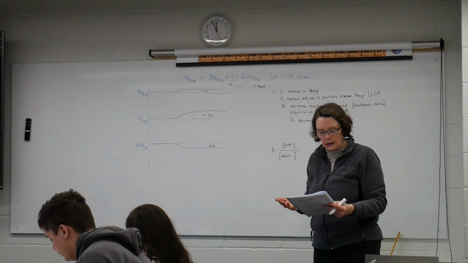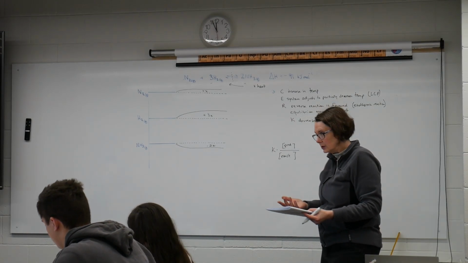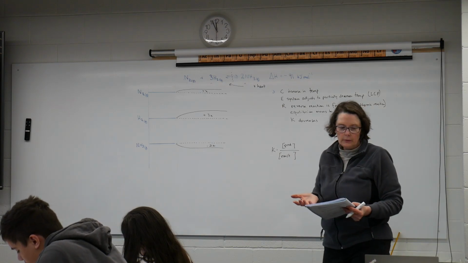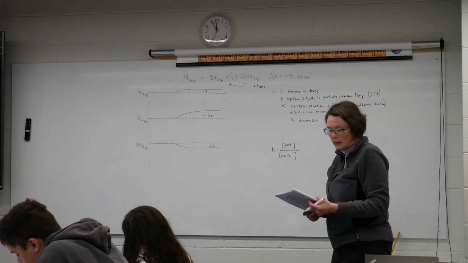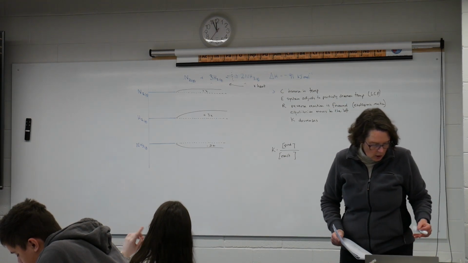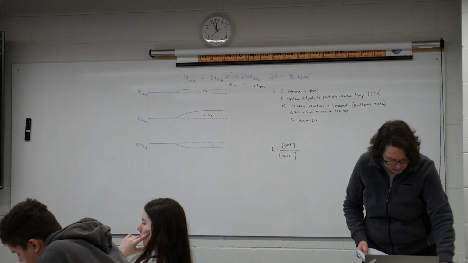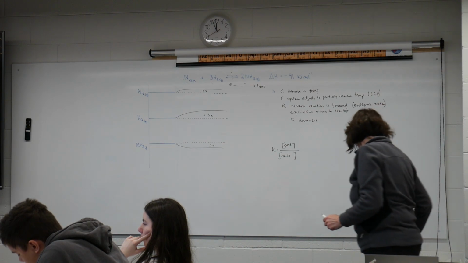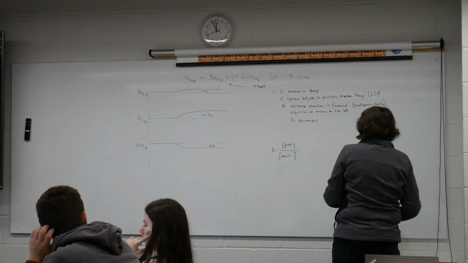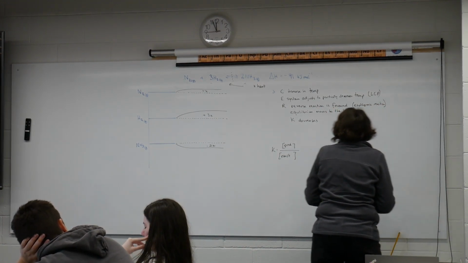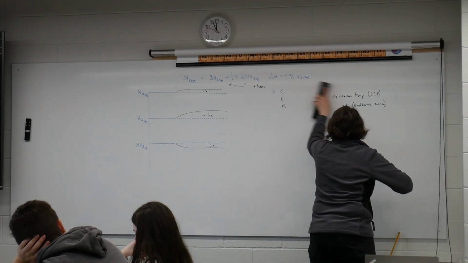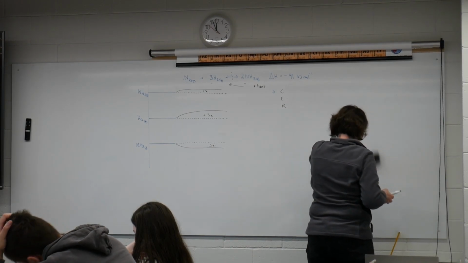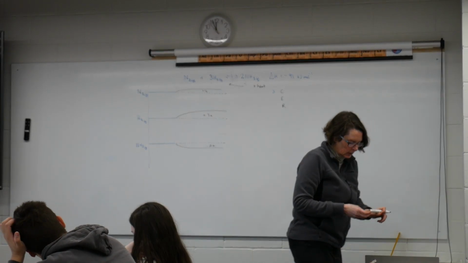All right. Now, the addition of a catalyst. A catalyst increases the rate of reaction. It increases the rate of the forward and reverse reactions. And so, what's going to happen with a catalyst? Nothing changes. So let's look at catalyst.